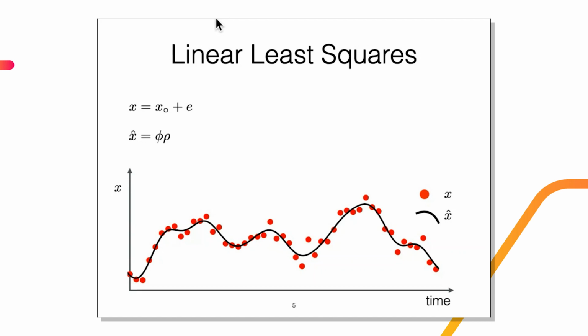So what would be the estimate there? Well, the estimate would be the parameters rho in such a way that the difference squared between the measurements and the estimates is minimized.